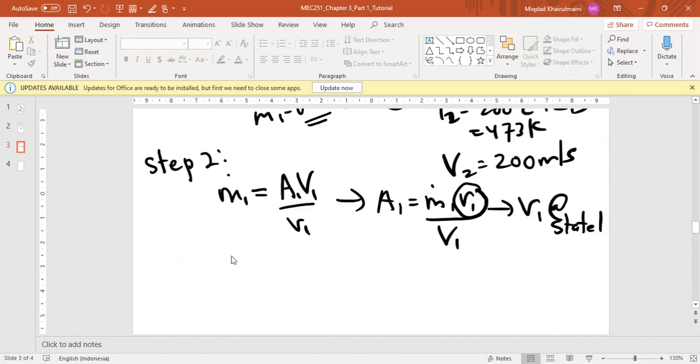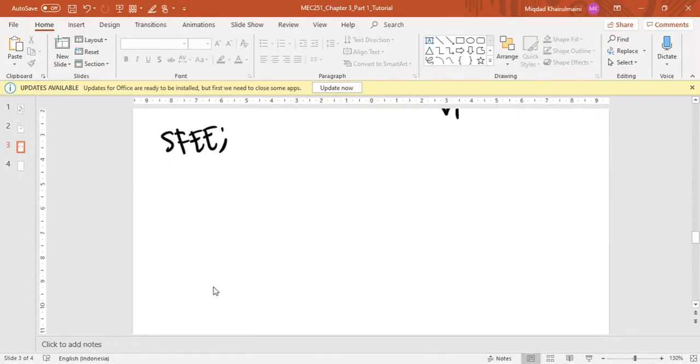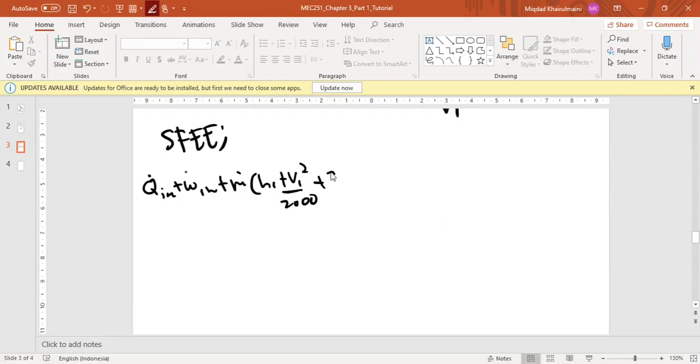And then the power output or the work output is from the SFEE. Write out the general equation first.